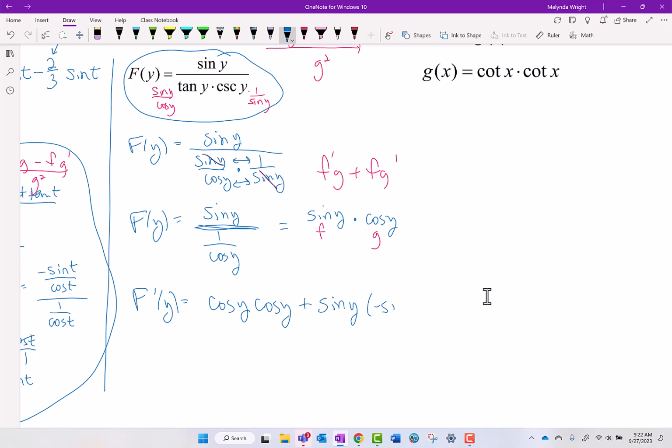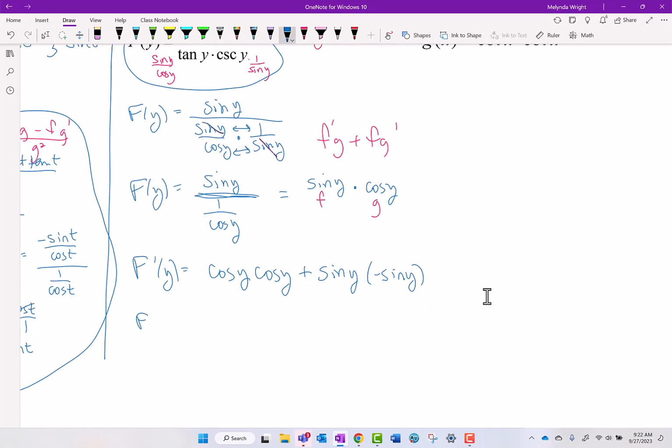Negative sine, beautiful. Let's clean that up. So we've got cosine squared minus sine squared, and that's our derivative.